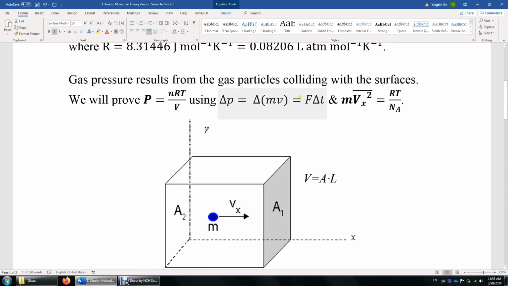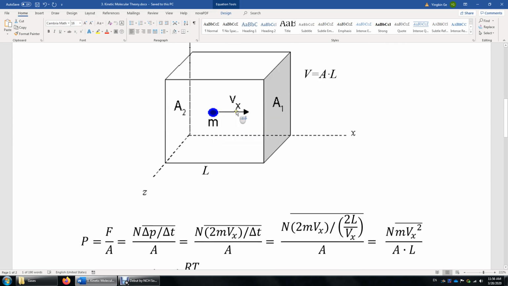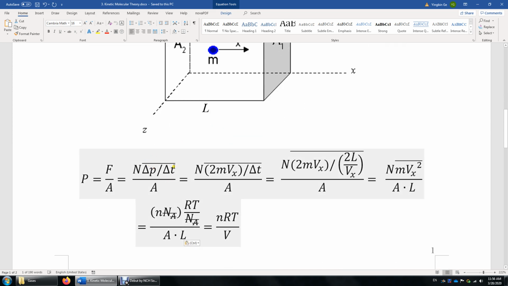Delta p is equal to F times delta t, then force is equal to delta p, the change of the momentum, over delta t. So that's what this equation is about. However, not all particles are moving at the same speed, and the time duration is different for the collision of each particle, so we're just looking at the average here.